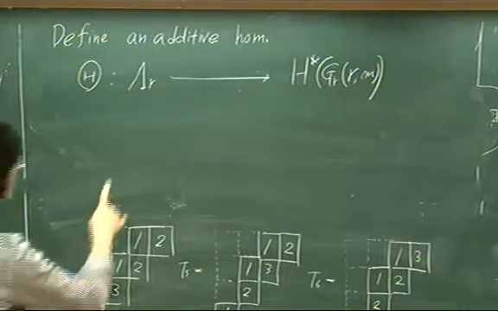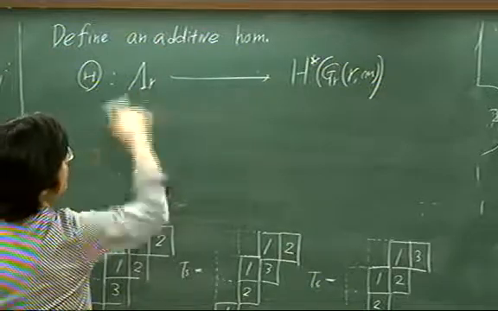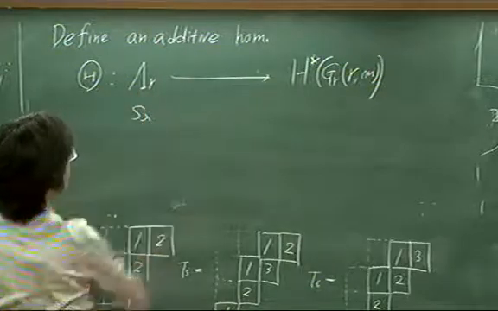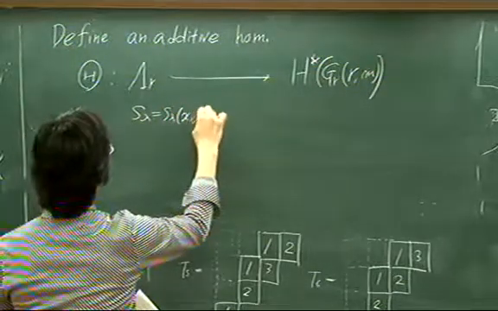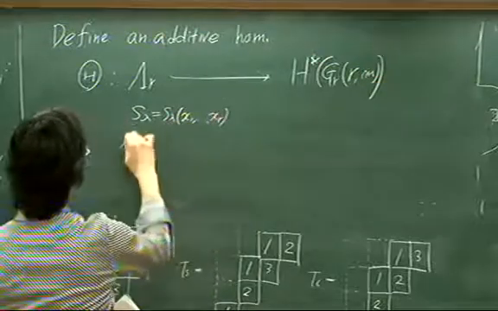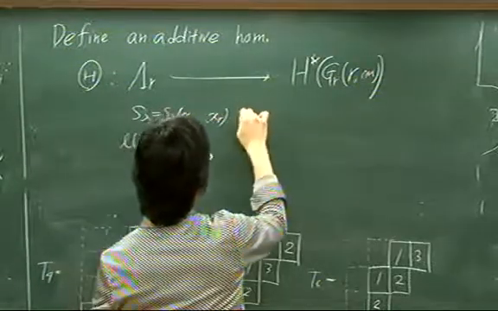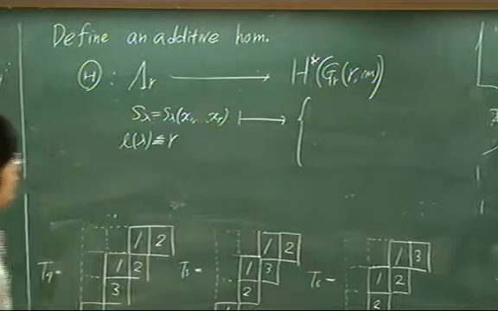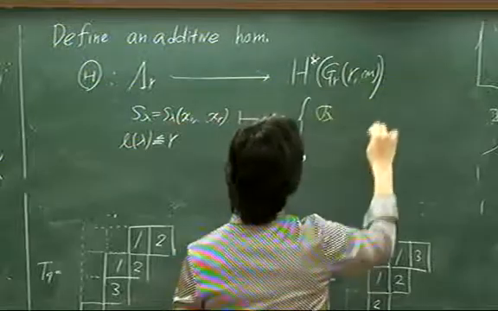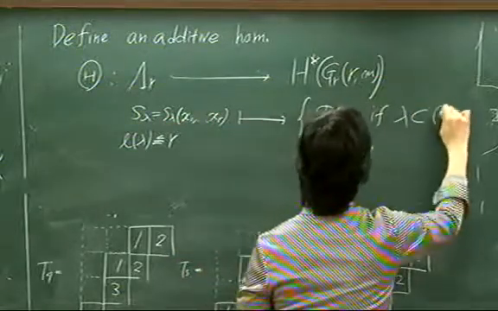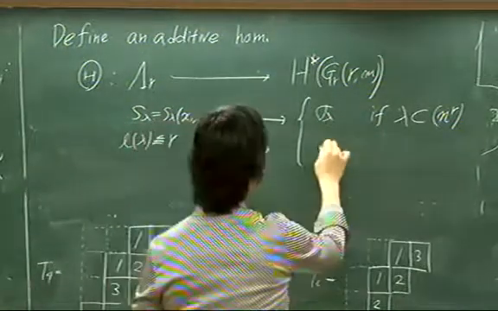And as I said before, the Schubert polynomials are a basis of lambda_R. So each Schubert polynomial with length of lambda less than R, we assign sigma lambda if lambda is contained in the rectangle, and 0 otherwise.